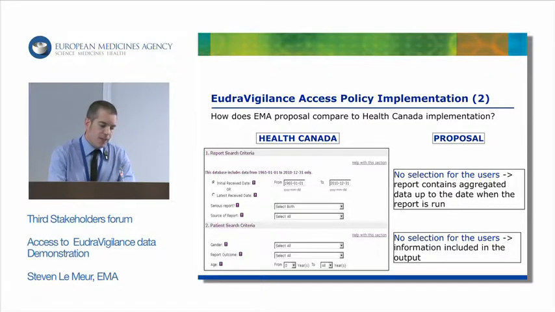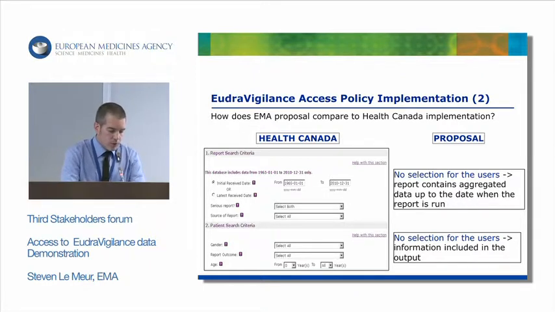For example, in the Health Canada implementation, you can select a specific time frame. The proposal for the EMA is not to give that opportunity to the user. The report will contain all the data from the setup of EudraVigilance up to when the report was run, which will be on a monthly basis.